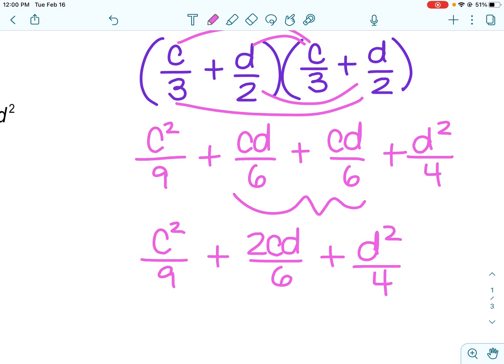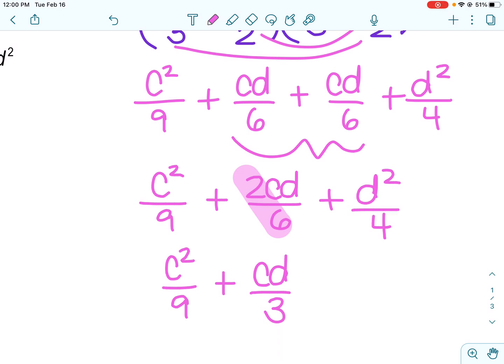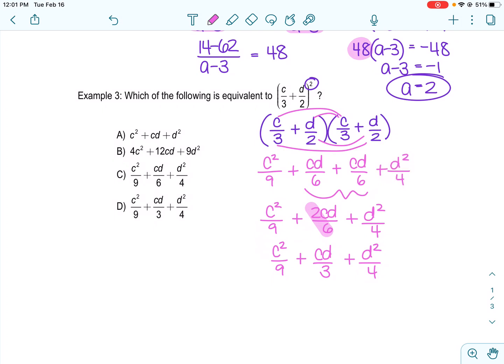And then the only thing that's left to do is simplify this fraction. Okay, so I end up with c squared over 9 plus cd over 3. 2 over 6 reduces to 1/3 plus d squared over 4. Okay, so if I go look at my answer choices here, that looks like D.